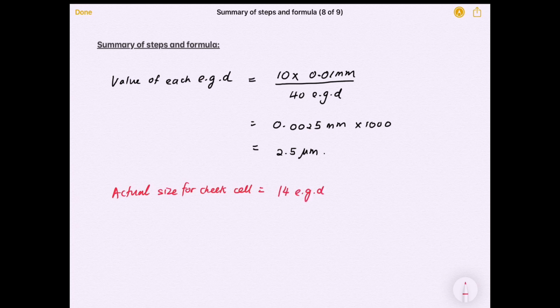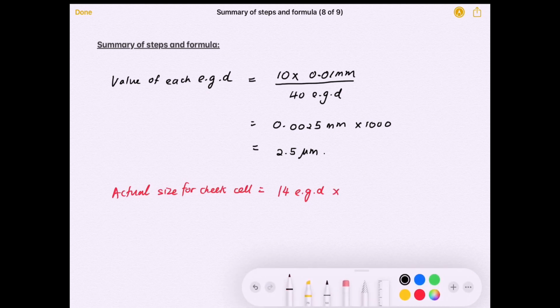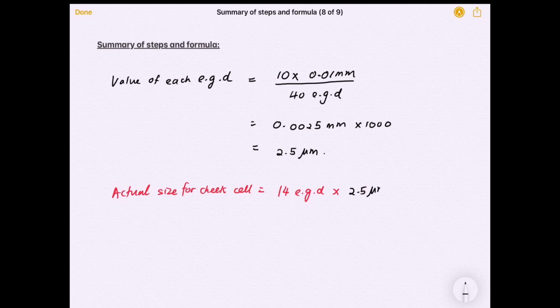So now we know that each division is 2.5, so I just times 2.5 micrometer. That's where I'll get 35 micrometer. This will be the actual cell size for the cheek cells.